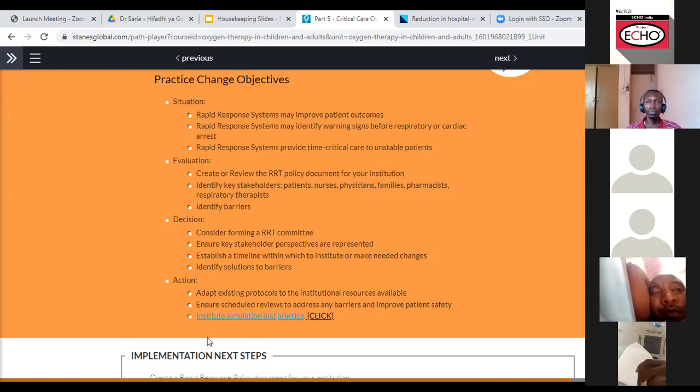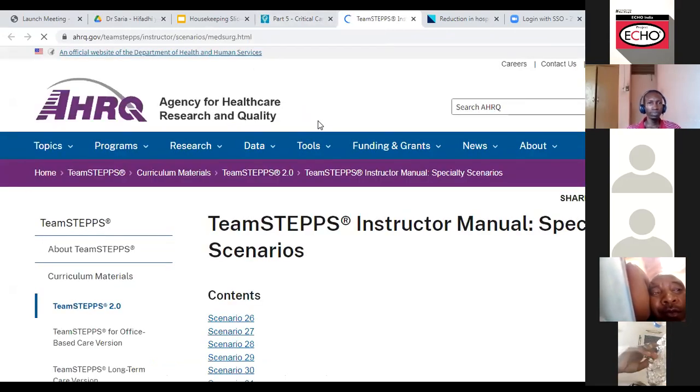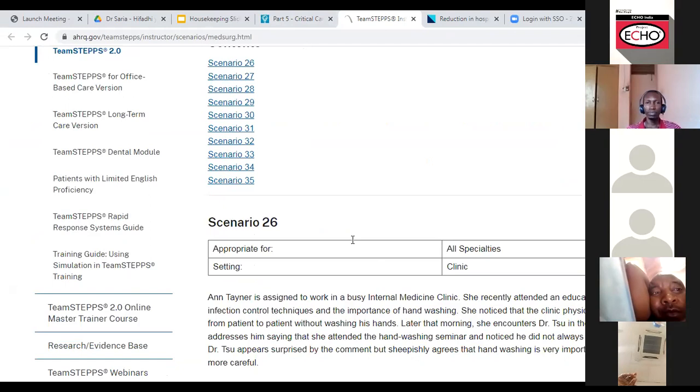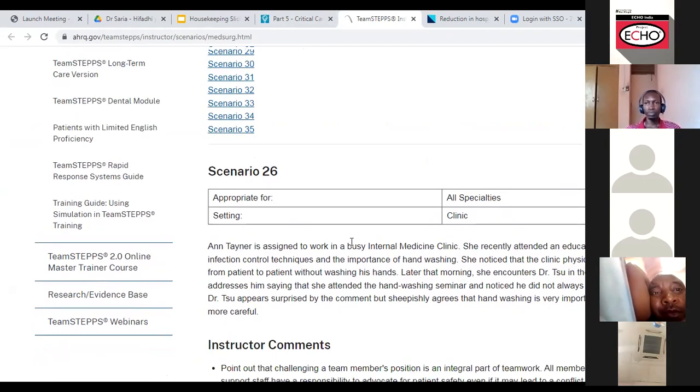So can you please click that button so that we can see a certain protocol which was formulated somewhere? Is it this one?